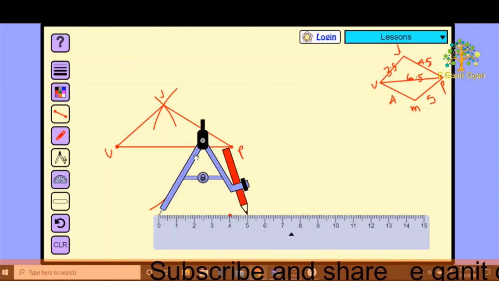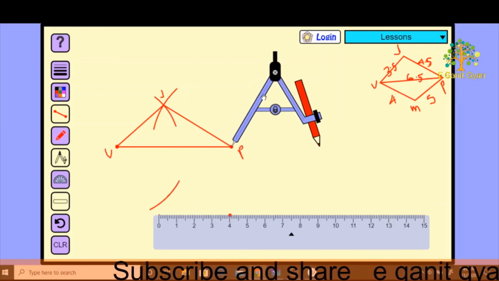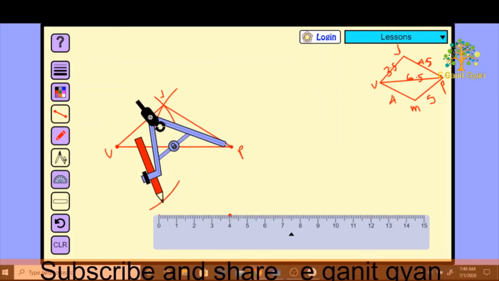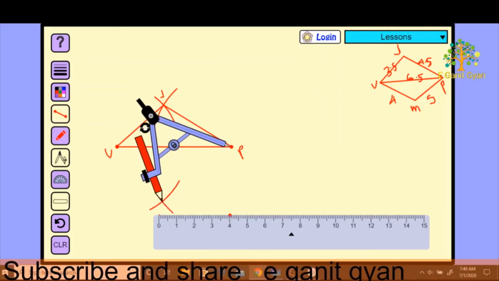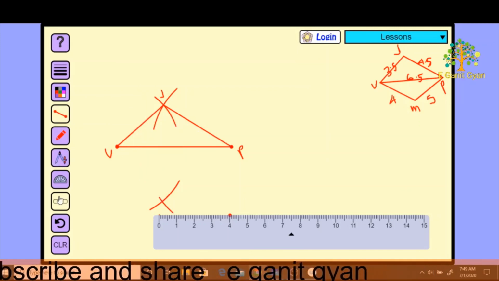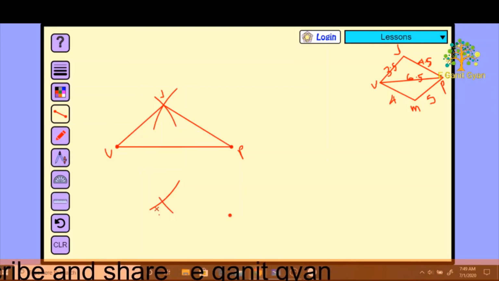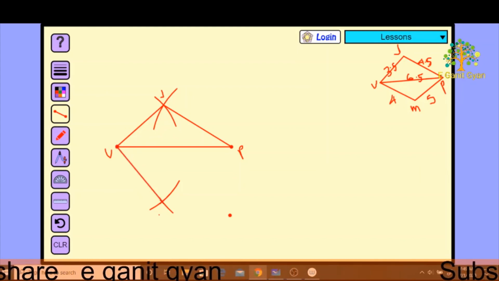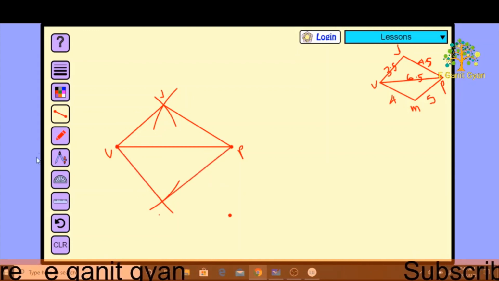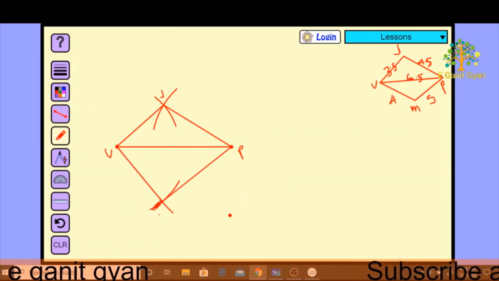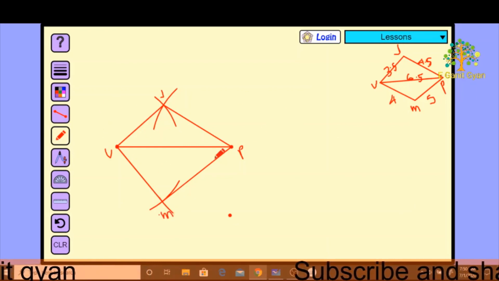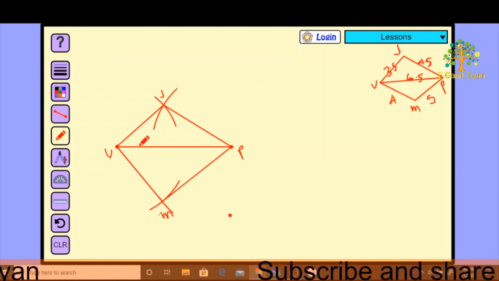Then with P as the center, I will intersect the previous arc so that it will be very easy. So we got vertex M here. Let us join U with M and M with P. So it is very clear that we got vertex M. Okay, now we got the quadrilateral JUMP.